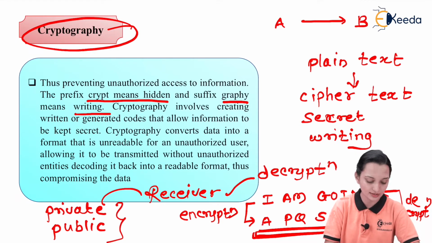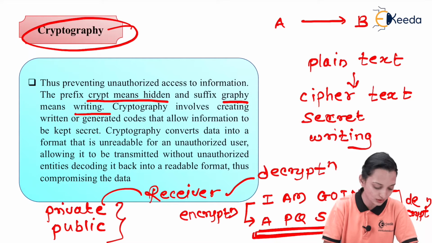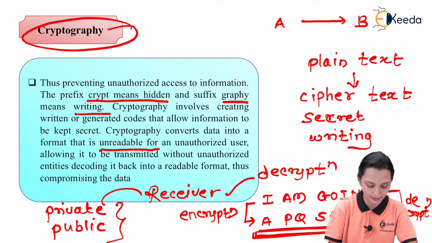So the same things I have tried to write over here. Cryptography involves creating written or generated codes that allow information to be kept secret. Cryptography converts the data into a format that is unreadable for unauthorized users, allowing it to be transmitted without unauthorized entities decoding it back into a readable format, thus compromising the data.